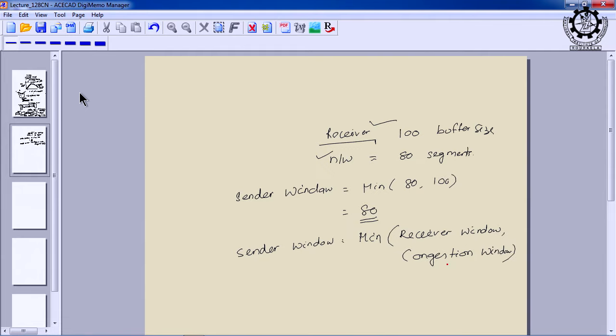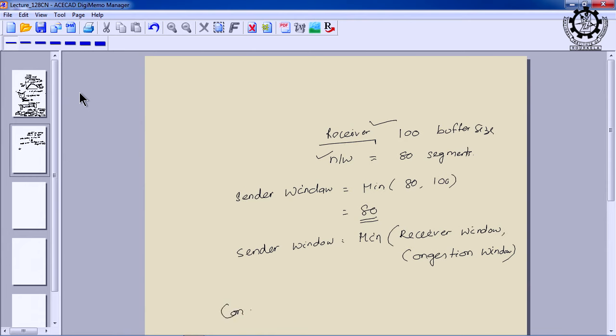How is this congestion window decided? When we talk about congestion window, we talk about the network.